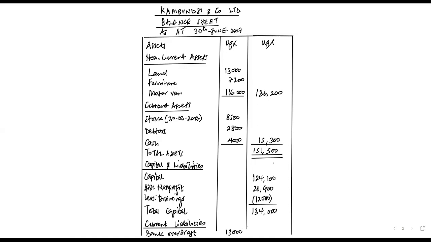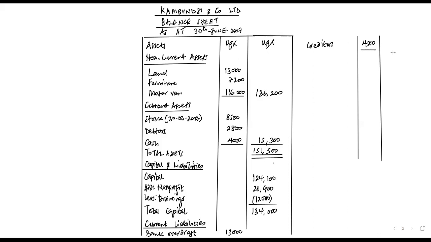Then we also have the creditors, and the creditors we have 4,500. Those are the only current liabilities which we have.